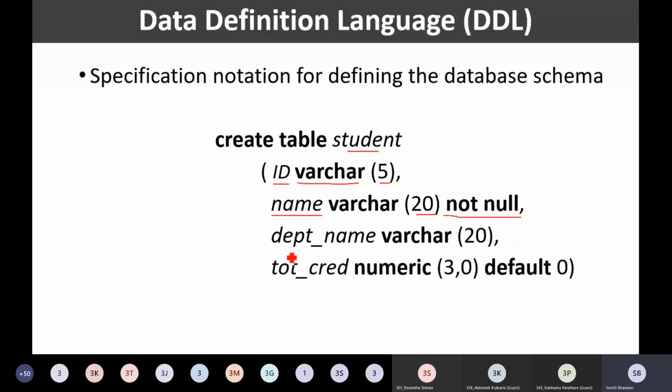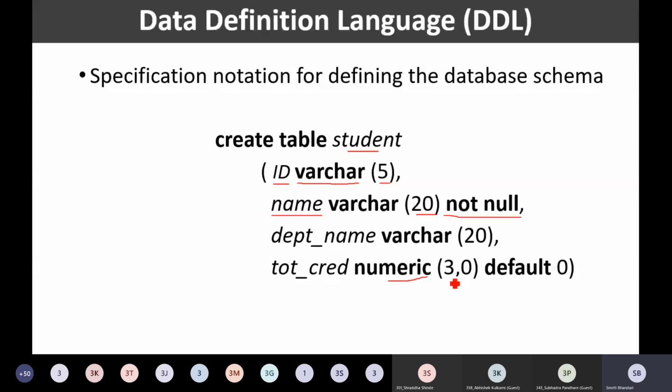Okay. Similarly, I am having the third attribute, that is department name, once again of type varchar and size 20. Fourth attribute, I am having total credit. It is of type numeric, right? And I'm having here the precision for this number.